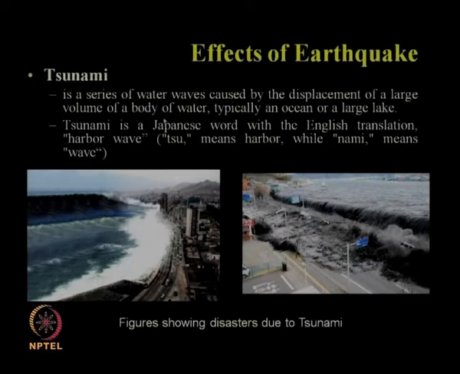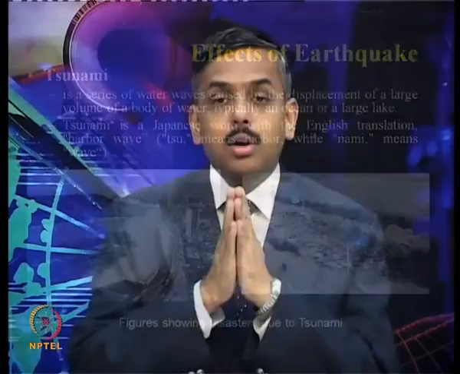So, this tsunami may be a cause of an earthquake sometimes. Why am I using the word maybe? Because it is not necessarily that every earthquake in an ocean, sea, or big water body has to create a tsunami. We will see later on, when an earthquake occurs, typically two plates or two faults move with respect to each other in different combinations.